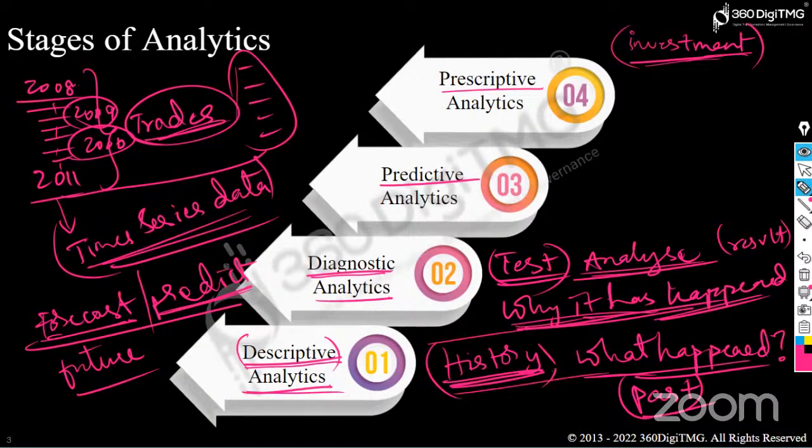Now we'll predict what will happen in the future. In future, if it comes, or in future it will happen. Like, for example, 2008 to 2011. Now what will the data be, how can it vary from 2011 to 2012? So here we just need to have a prediction.